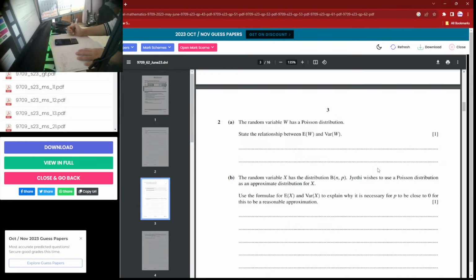The random variable W has a Poisson distribution. State the relationship between E(W) and variance W. Let me move the OBS to this one.